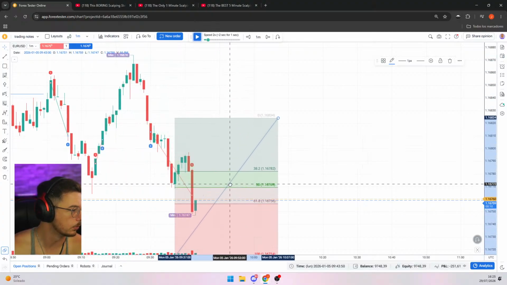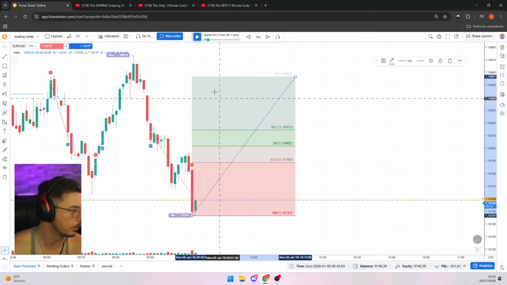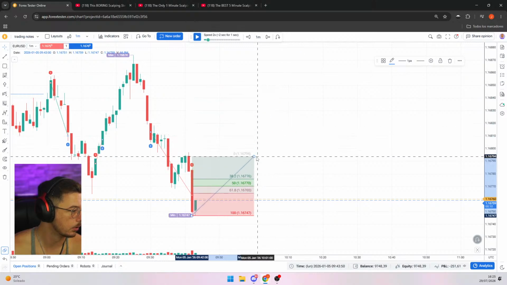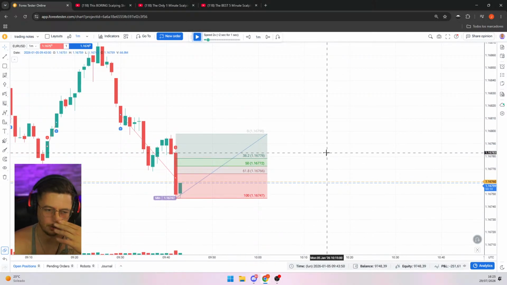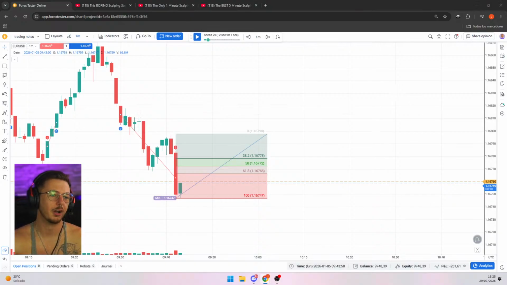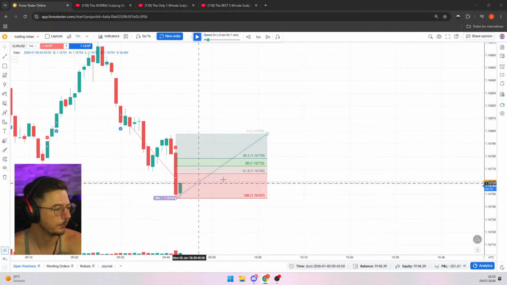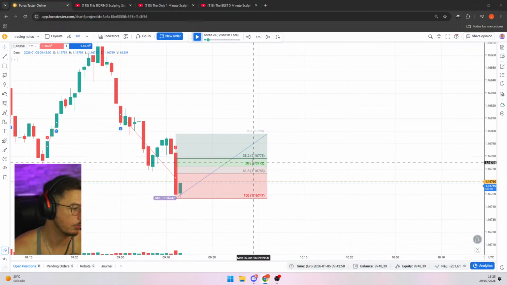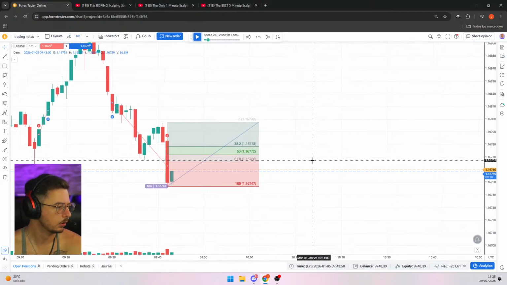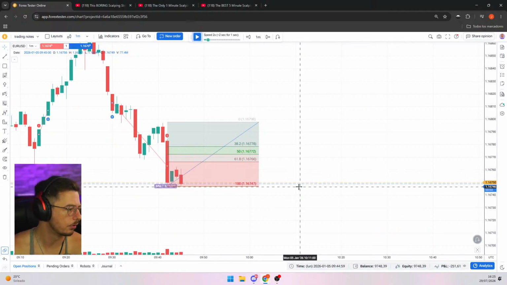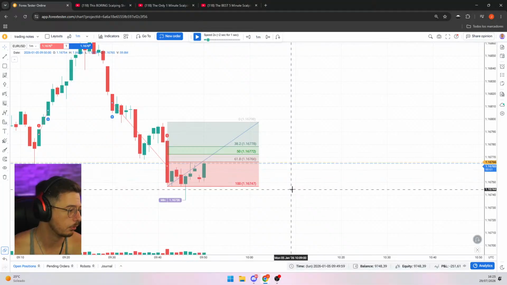So basically, we can do something like this. At the end of the day, we don't even need to turn the Fibonacci around because we know the levels. It's just above 50 in this case, so that's fine. Let's see how this one performs, if we get any retracement.